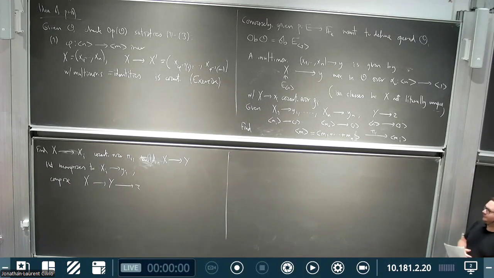And now we're kind of just going backwards. We take our multimorphisms to be maps over the active maps to 1. And then we use the decomposition coming from the inert coefficients to turn the composition in E into a composition of multimorphisms in an operad.